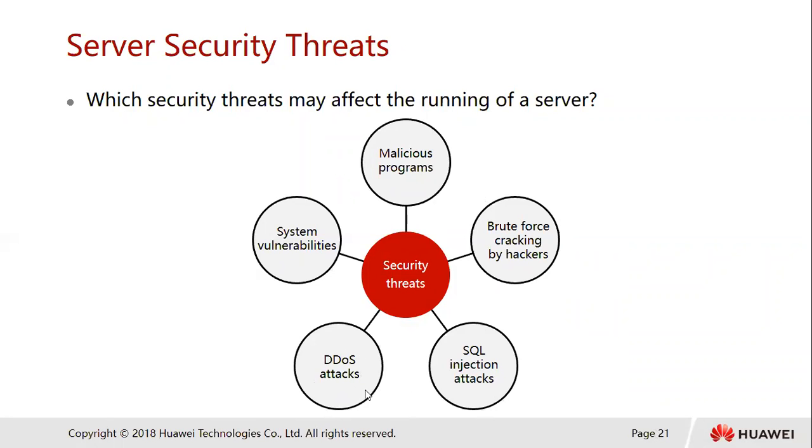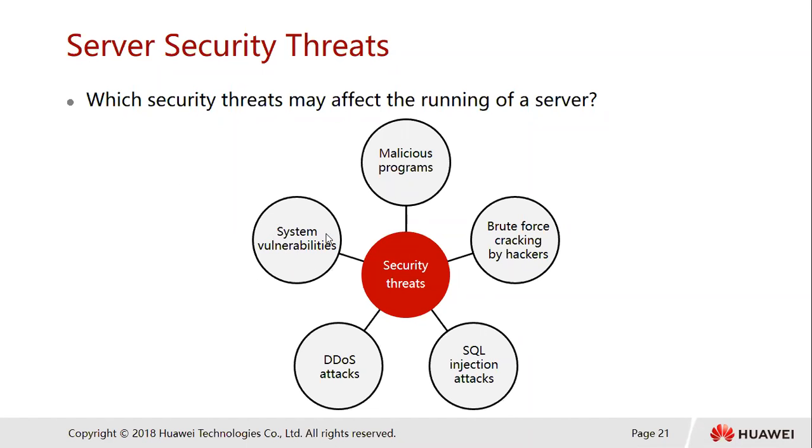And then, of course, DDoS attacks. So the server also suffers from a DDoS attack. This is one of the common attacks that can be done at any time. You just have to go to the dark web and you can buy a botnet, which you can use to attack a server. And then system vulnerabilities.